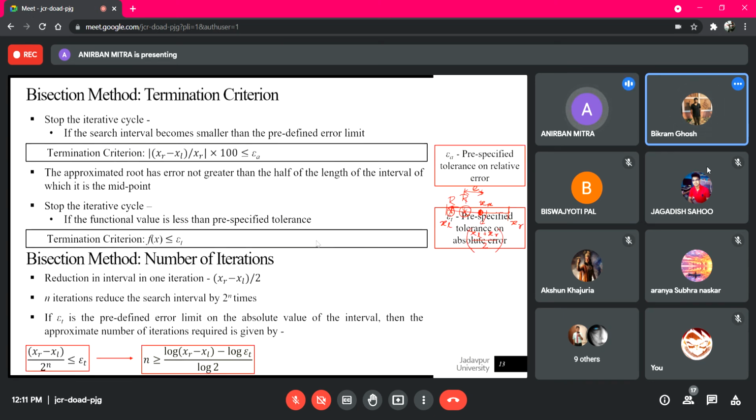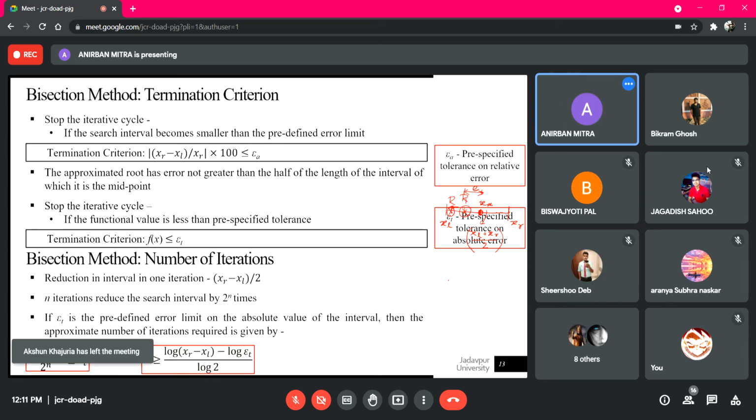This is written as epsilon t because let's say we have two types of error. Let's say epsilon is XR minus XL. This is the true error.